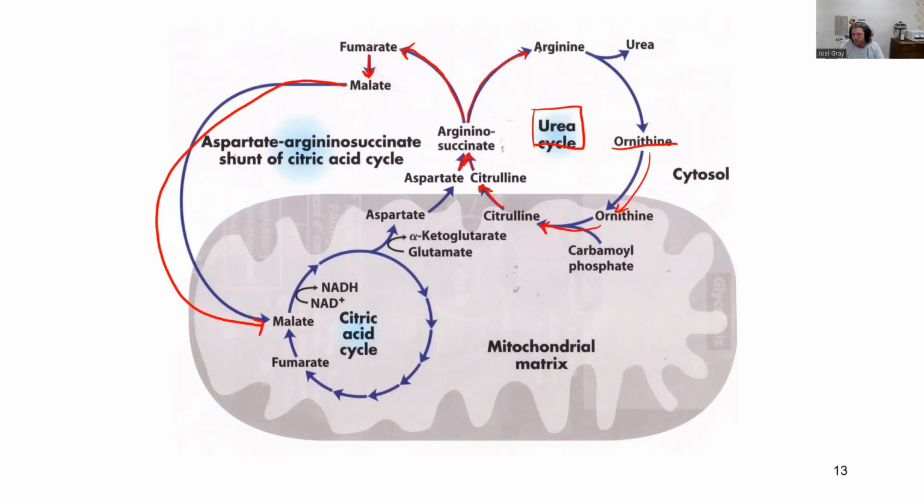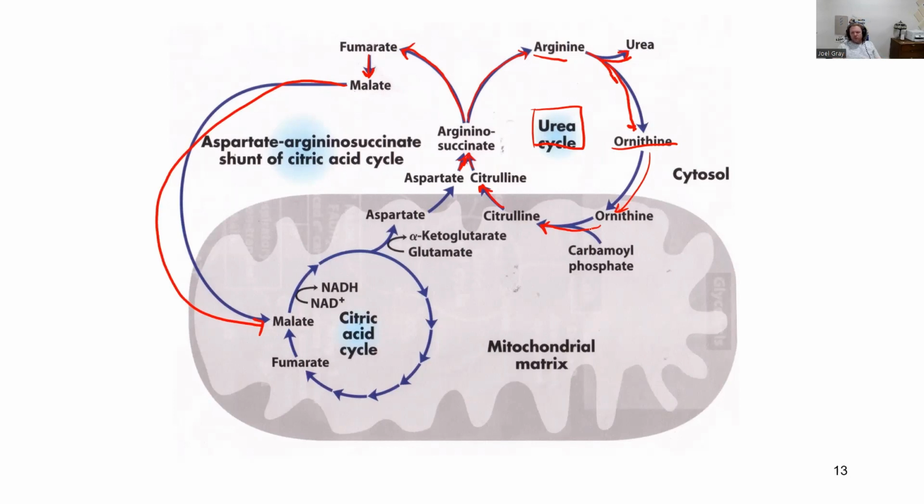Now, if we go back home to the cytosol within the urea cycle, that arginosuccinate, the half that did not get broken into fumarate, is going to be made into arginine. That arginine is where we are going to release our urea. We're also going to release our ornithine, which is transported back into the mitochondria and so on.